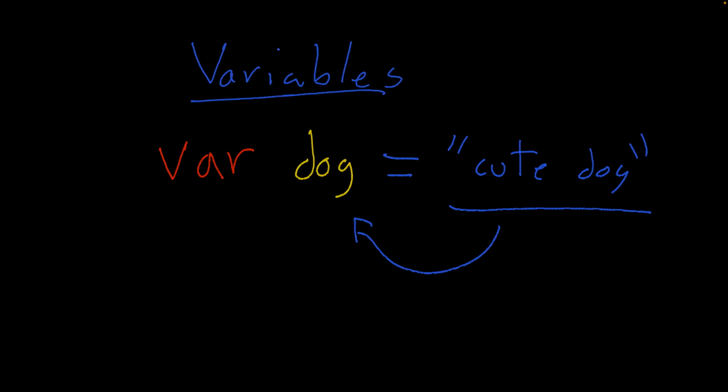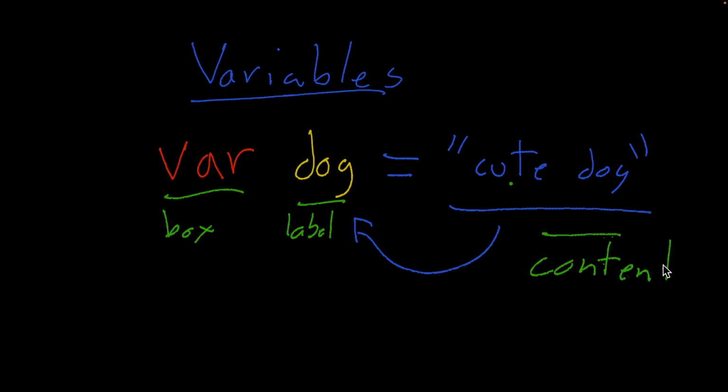Okay, I want us to understand that this is how we create a variable. Let me see if I can do a different color. This is the box. This is the label. And this is the content inside the box. Whatever stuff we put in the box, we signify that we are going to put it in with 1 equal sign.